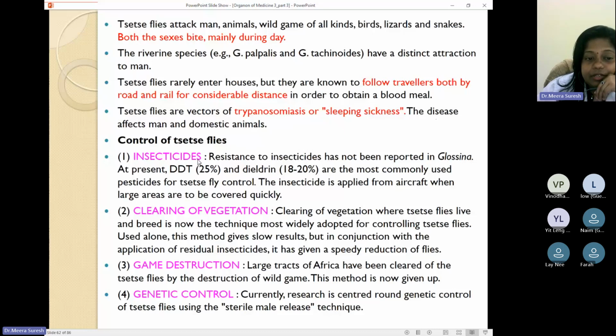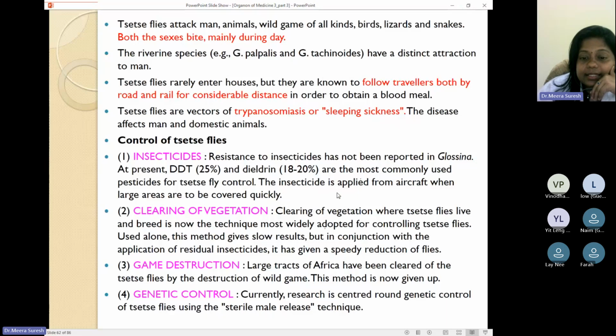For the control of tsetse flies, we can use insecticides, especially DDT and dieldrin, because resistance to insecticides has not been reported in the case of Glossina. And remember, the Glossina variety of tsetse flies is usually seen only within the African continent. So resistance has not yet developed to the general insecticides.